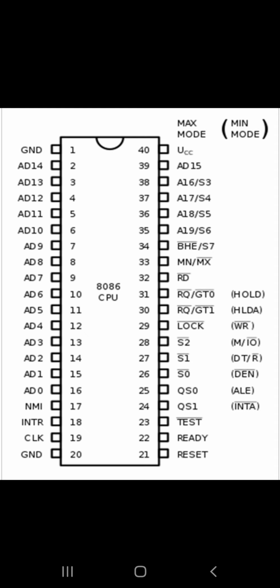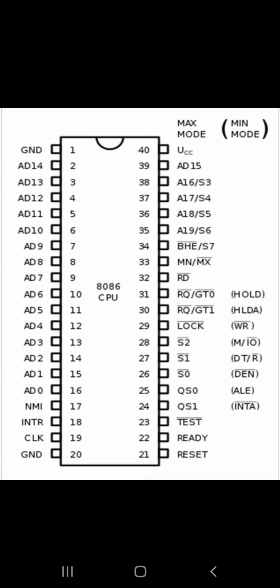So comprising these 16 along with these 4 lines, this is a 20-bit address bus starting from A0 to A19. And if ALE is equal to 0, that means the address latch enable is off. Then AD0 to AD15 will work as D0 to D15, means it will be converted from address bus to the data bus, which is of 16 bits, right?